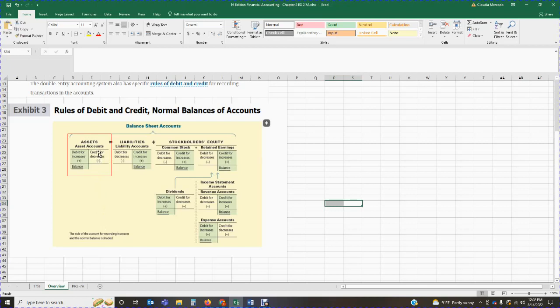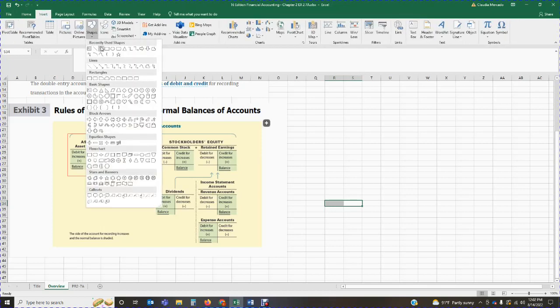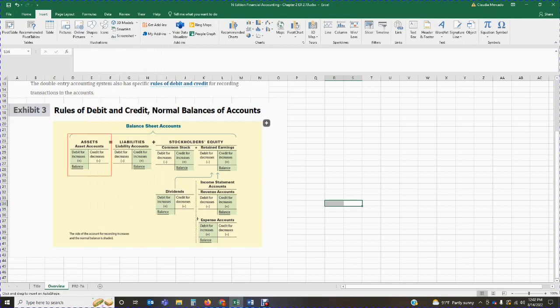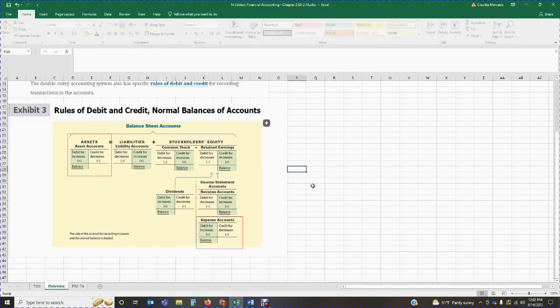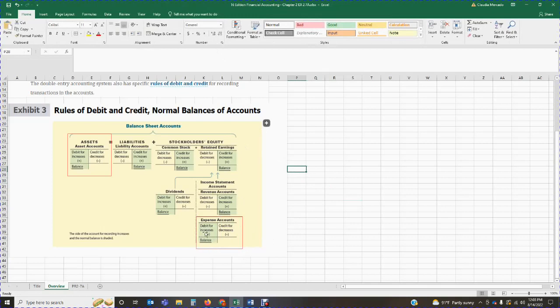Now, what am I doing with this cash? I am paying my rent. So, to a business, when we're paying rent, that becomes an expense. Right here, an expense. The normal balance of an expense account is a debit. So is my expense increasing or decreasing?